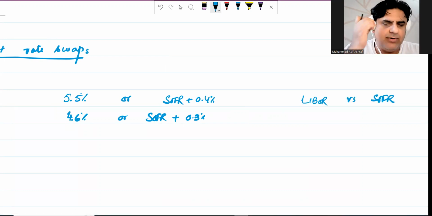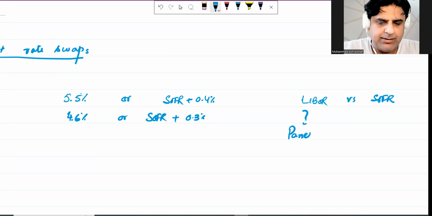LIBOR is basically the London Interbank official interest rate, and it is set by panel bank inputs.